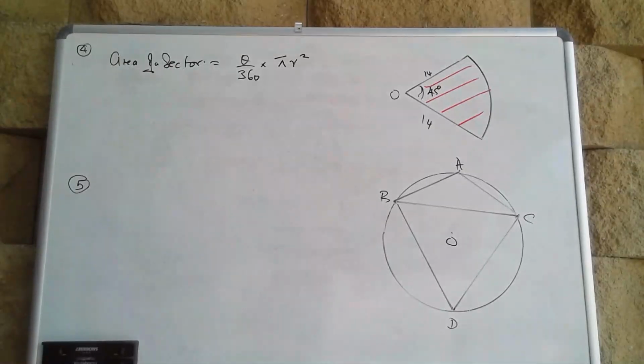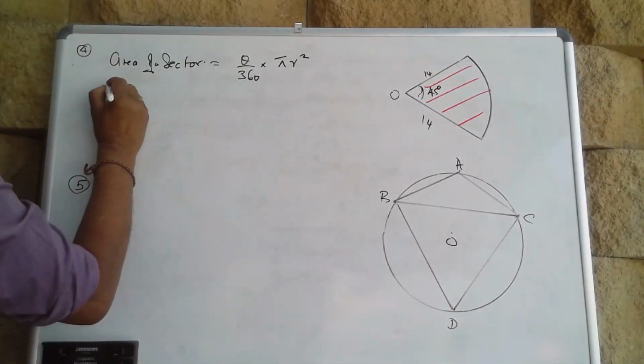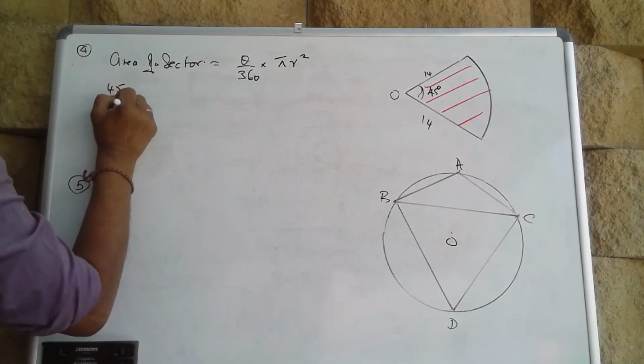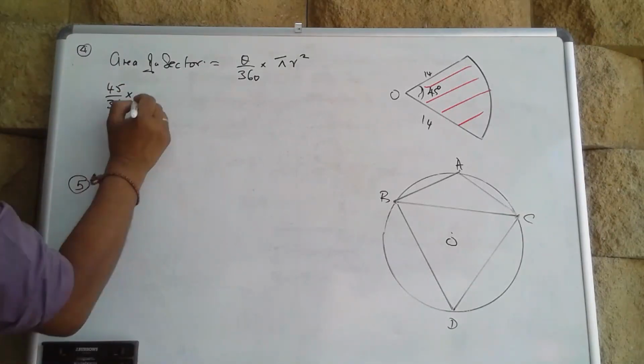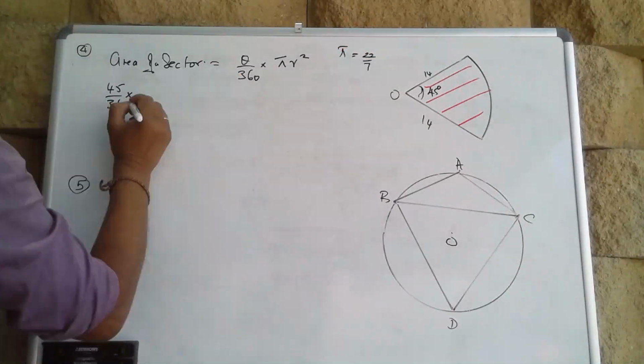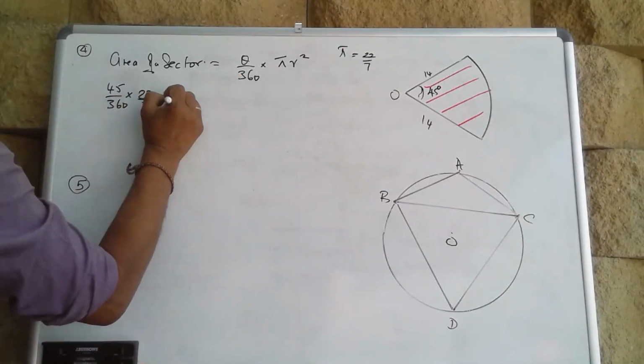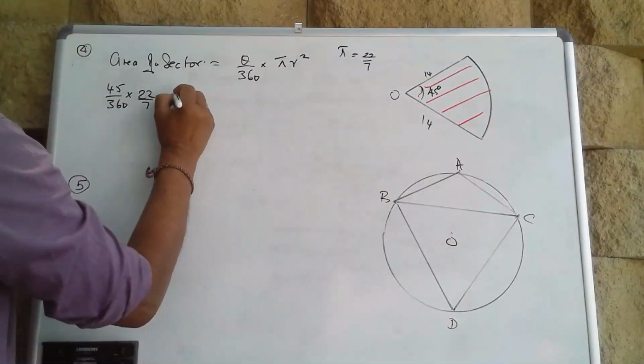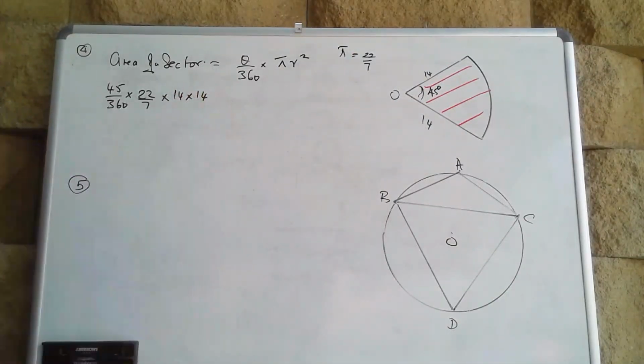This one angle is 45 degrees, so 45 divided by 360 multiplied by pi, which is given as 22 over 7, and 14 squared. So I'm going to write 14 multiplied by 14, to make my life easier.